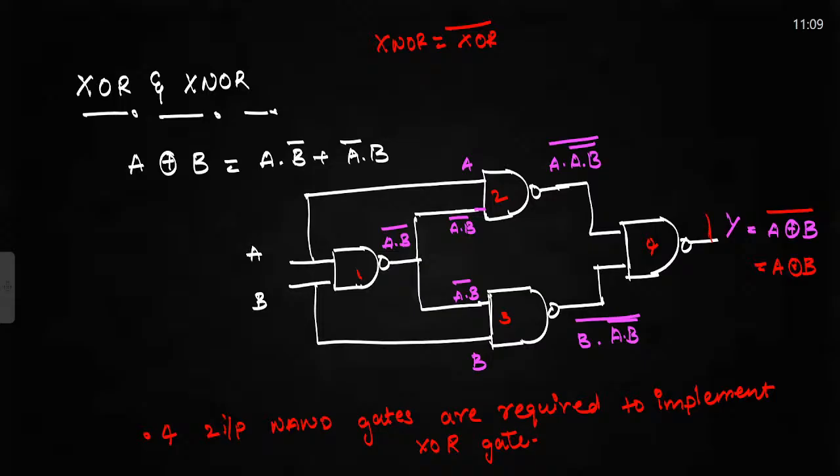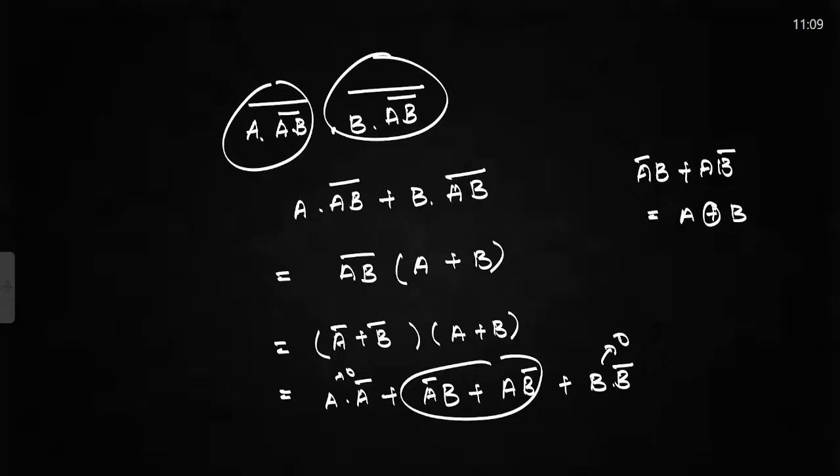So in total you will require 5 two-input NAND gates to implement XNOR. So that is the XOR and XNOR. Now let us try to understand another concept.